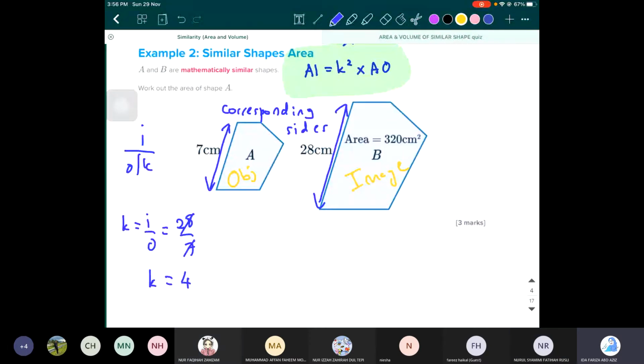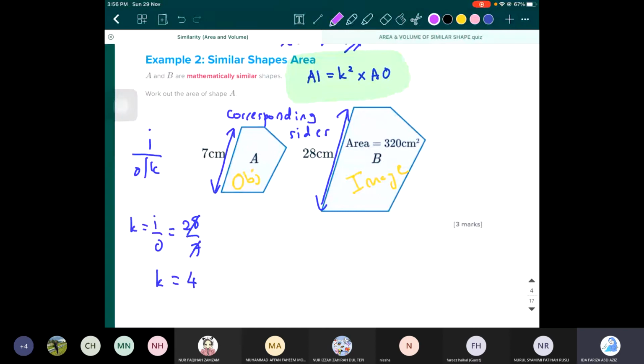Alright, dah dapat K equals 4, baru boleh guna formula area yang saya tulis kat atas tu. AI equal K square times AO. Alright, now the question want us work out the area of shape A. Okay, sekarang ni saya dah tetapkan shape A adalah objek. So, I am looking for my area object ataupun AO.